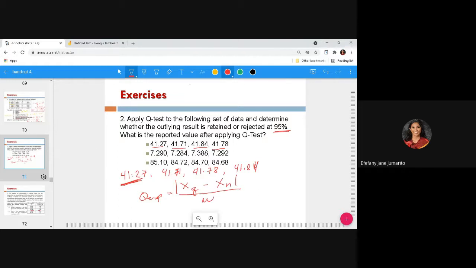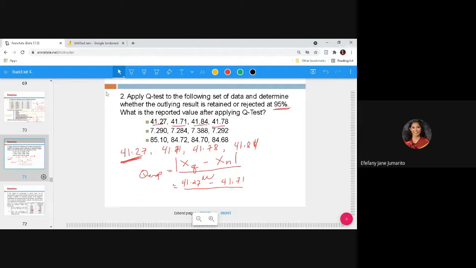So Q experimental is equal to what? 41.27 minus the neighboring 41.71, 0.44, ma'am, divided by the spread. What is the spread?